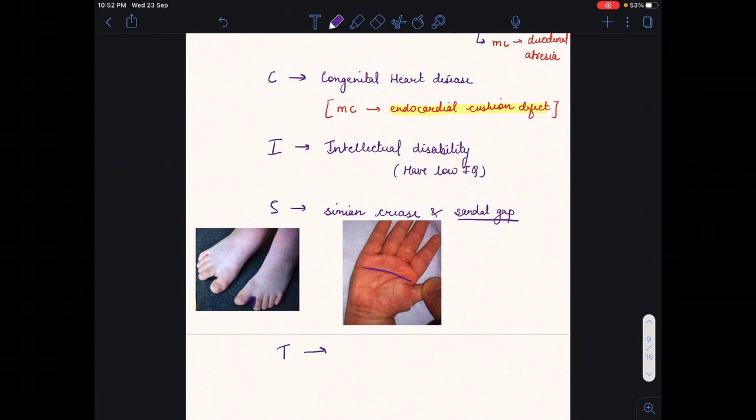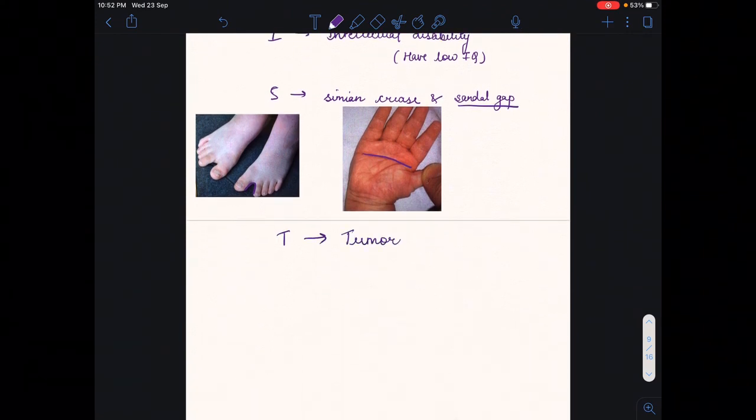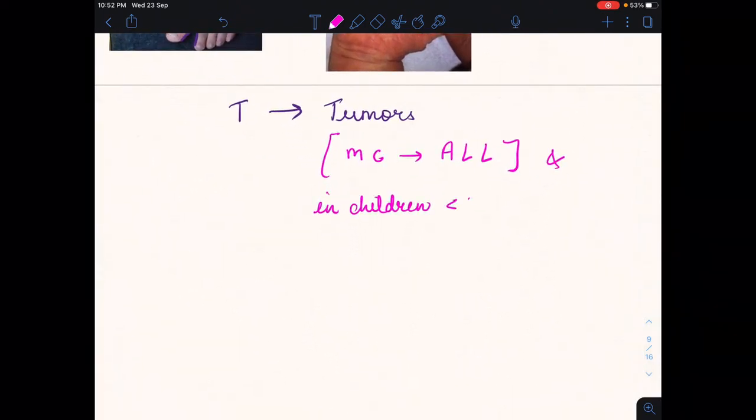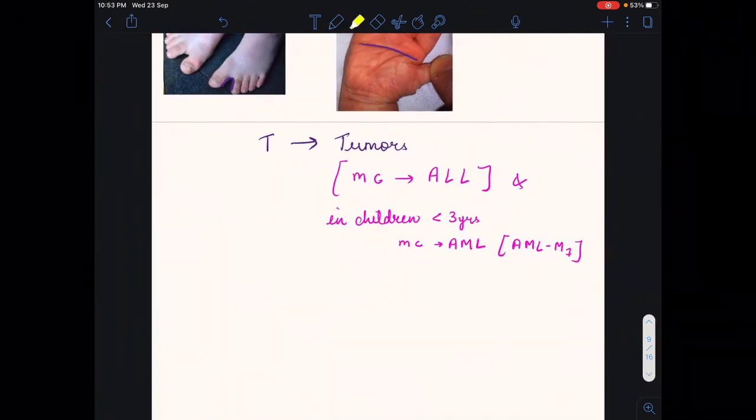T for tumors, and the most common tumor is acute lymphoblastic leukemia, and in children less than 3 years, the most common tumor is acute myeloblastic leukemia. Which acute myeloblastic leukemia? AML M7 is the most common. So we should remember that the most common tumor is ALL, and in children less than 3 years the most common tumor is AML M7.